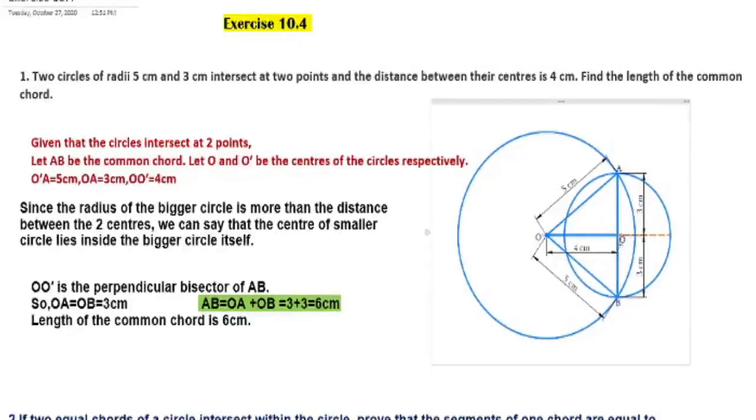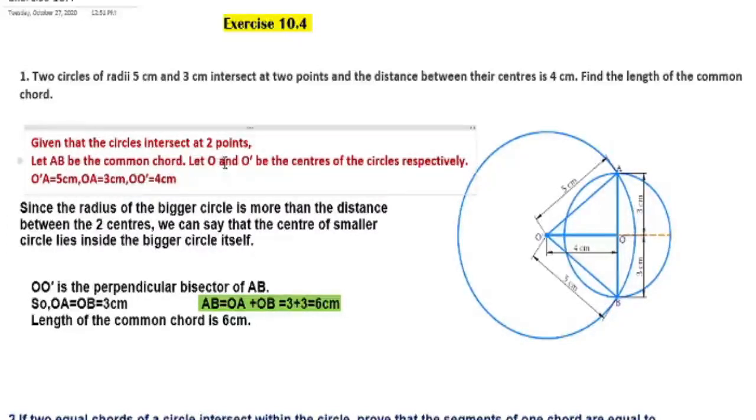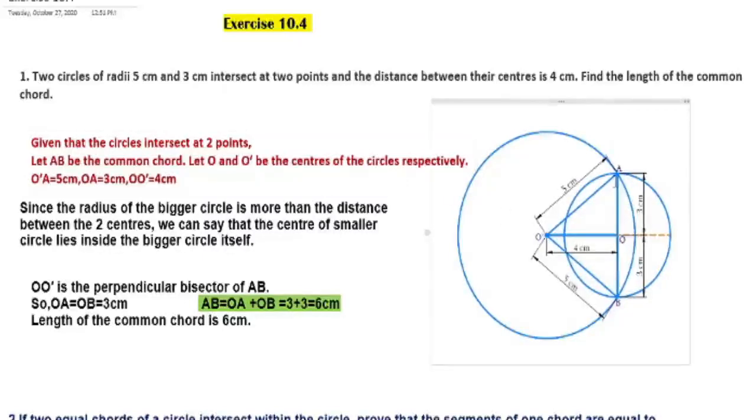That means the center of the second circle lies inside the first circle. So here O is the center of the second circle. Given that the circles intersect at 2 points, let AB be the common chord, and let O dash and O be the centers of the circles respectively. So O dash A equals 5 cm, OA equals 3 cm, O dash O equals 4 cm.